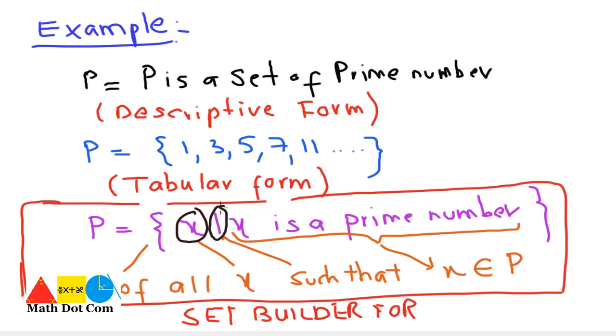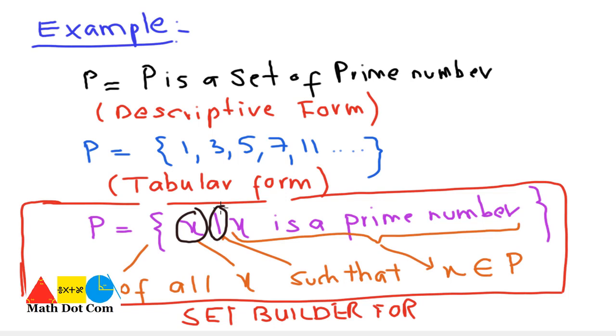After that we write the property of x. Here the property of x is that it is a prime number. So all the elements in this set P will be prime numbers. This is how we can represent a set builder form.